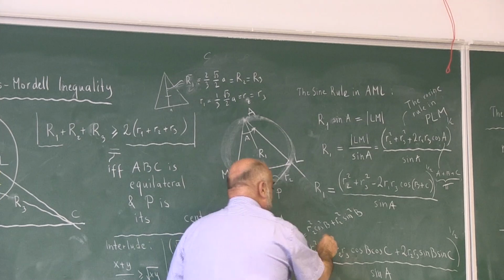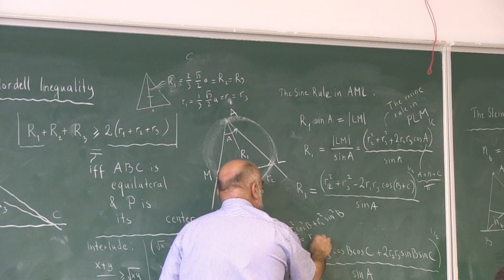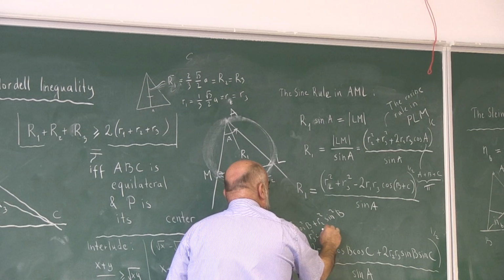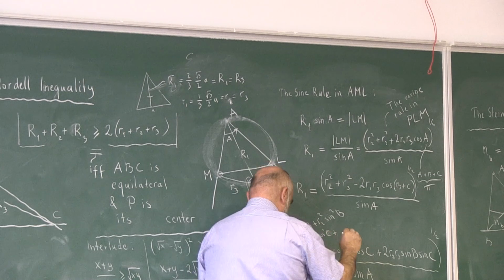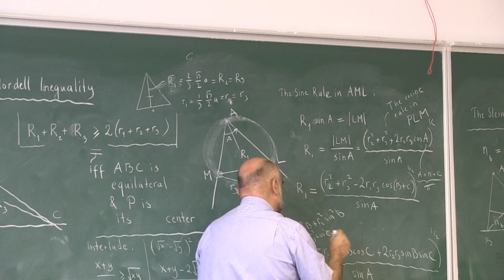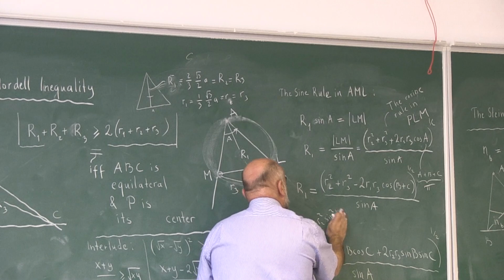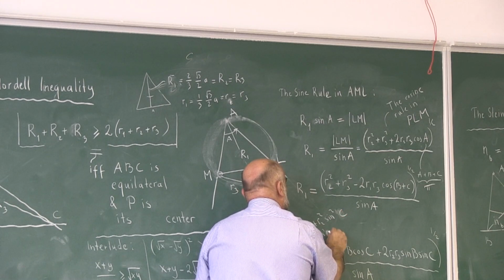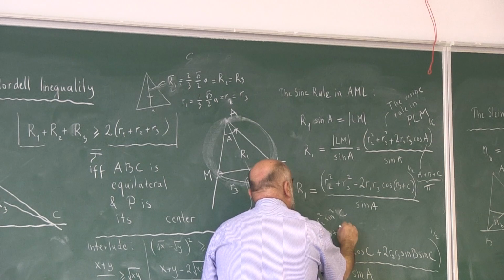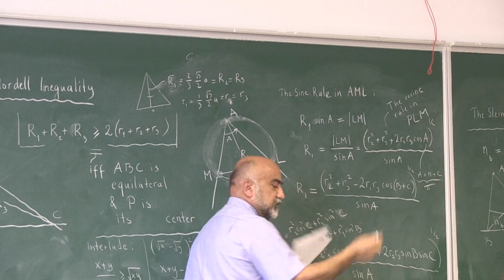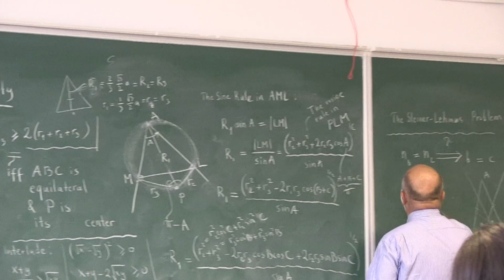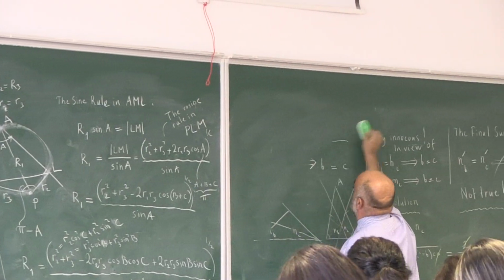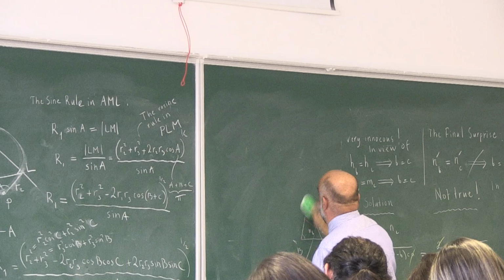And R3 squared is R3 squared cos squared C plus sine squared C. In fact, the opposite: I will take C here, and I will take B here. So what's all this theater? Well, here we are. Now that's a really unexpected piece of manipulation.